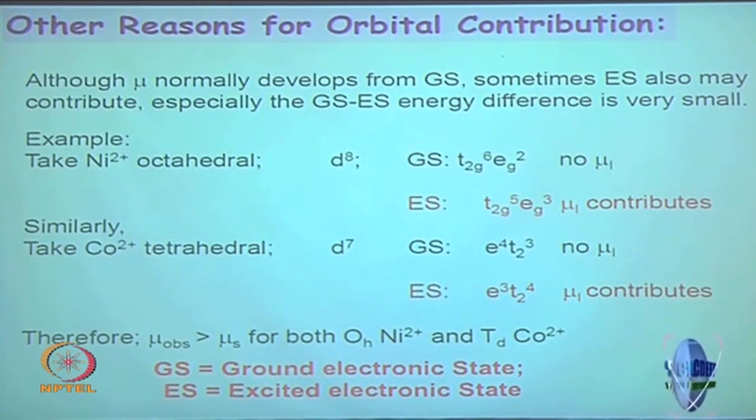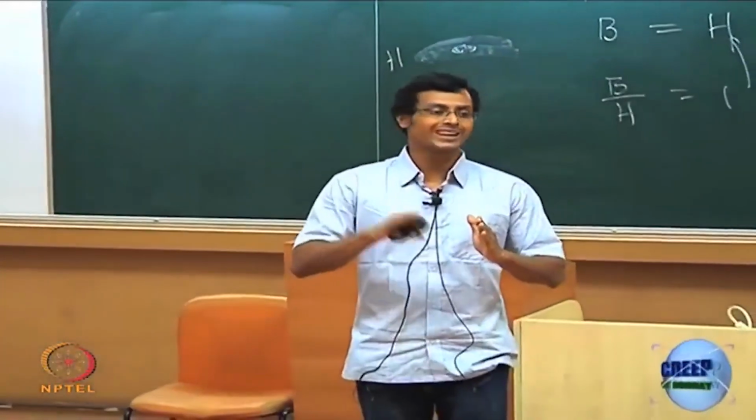So for example over here t2g6 eg2, no orbital angular momentum should be there, but in the excited state it should be t2g5 eg3. Now orbital angular momentum will be there. Of course, the absolute value will be less compared to another compound giving it from its ground state. So the orbital angular momentum is not necessarily coming just from the ground state, it can also come from the excited state.